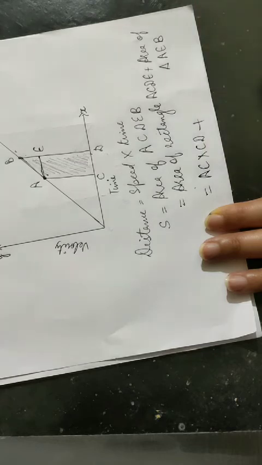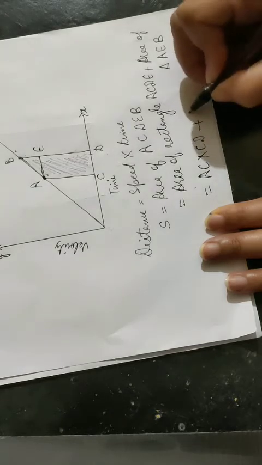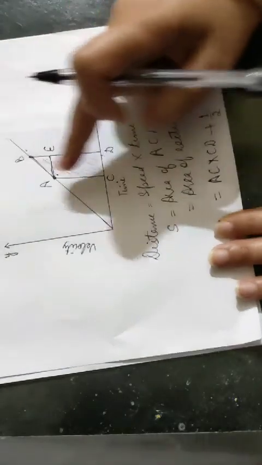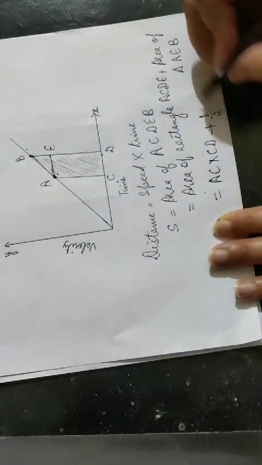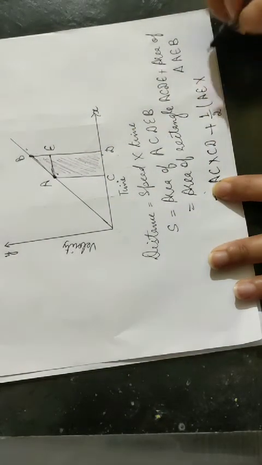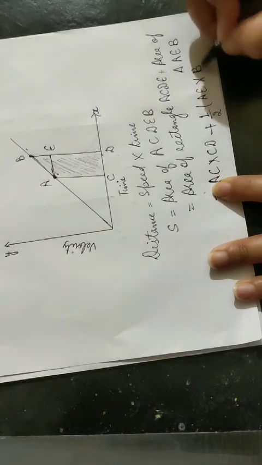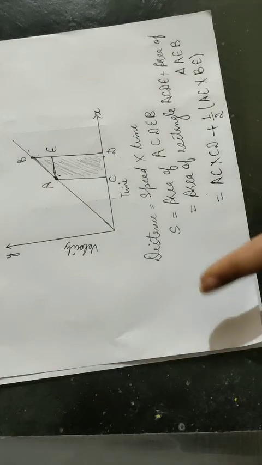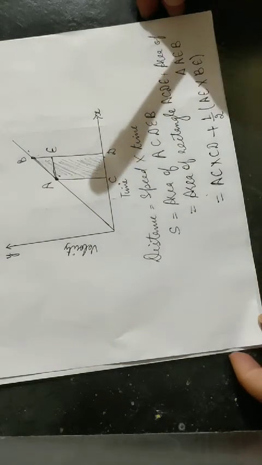Plus, what is the area of a triangle? It is half into base into height. This is the triangle AEB. Base is AE and height is BE. From this formula, we can easily find out the distance covered by an object.